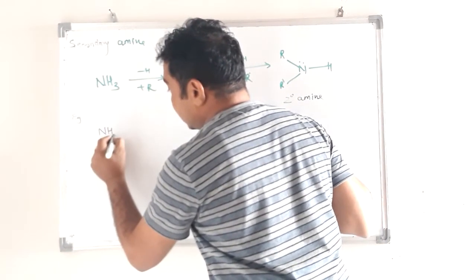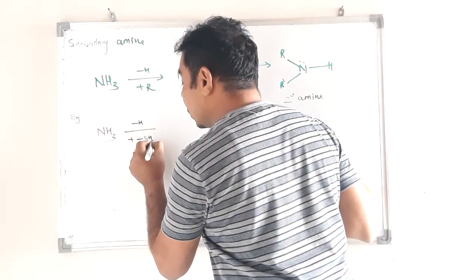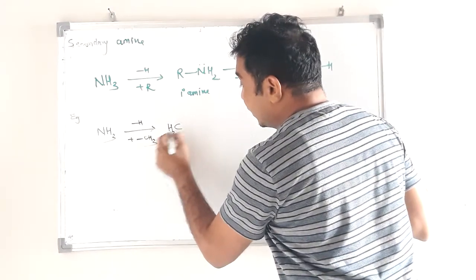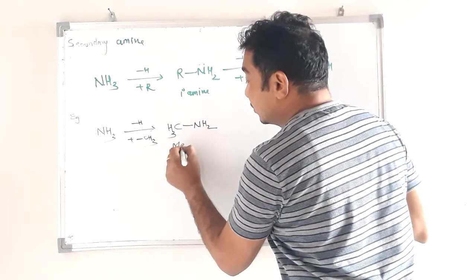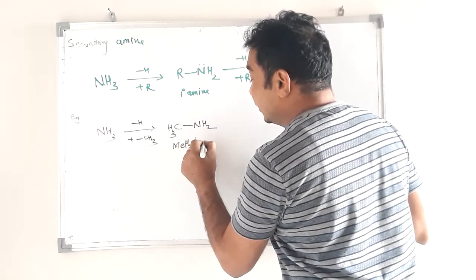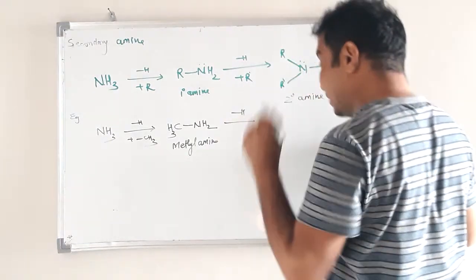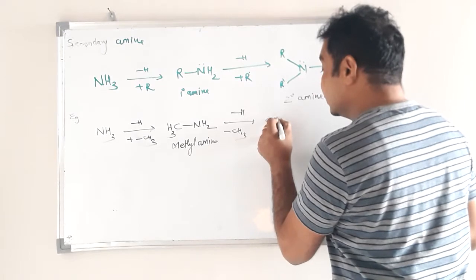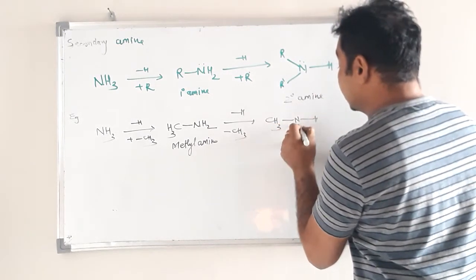Ammonia. If I replace one hydrogen by a methyl group, CH3, then we get CH3NH2, that is methylamine. And again I replace one more hydrogen by the same methyl group, then CH3NHCH3.